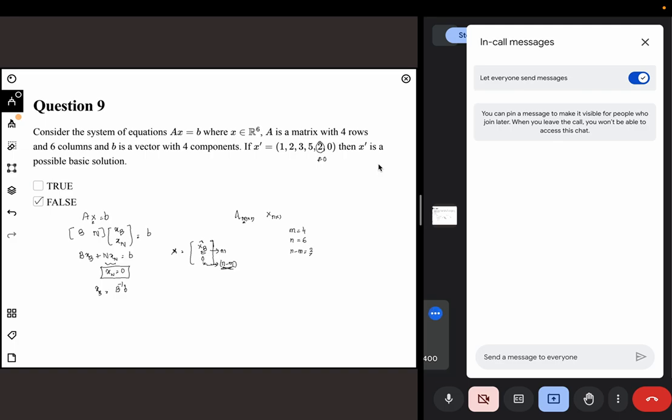Is this part clear? Yeah, I think it is clear.